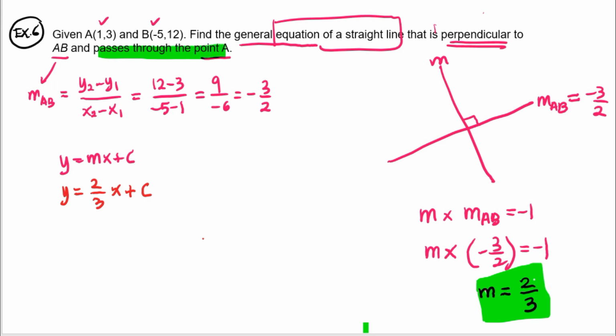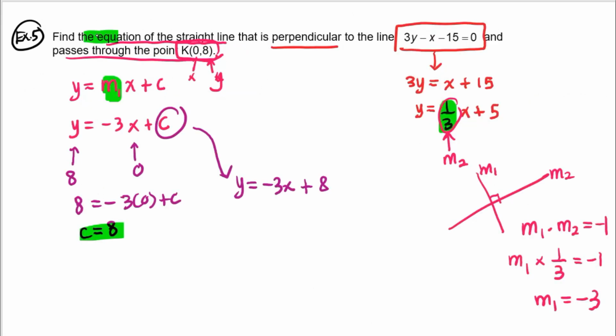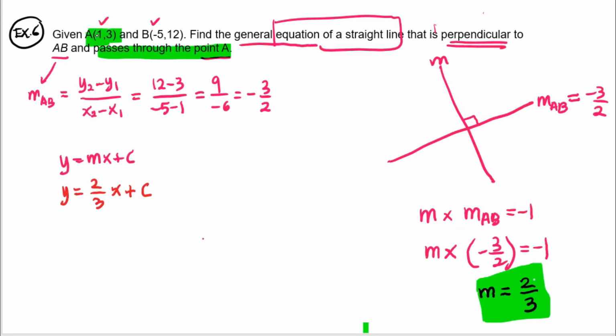The straight line passes through point A, so you can substitute the coordinates of A, where x is 1 and y is 3. So you have 3 equal to 2 over 3 times 1 plus c. Therefore we have c given by 3 minus 2 over 3.